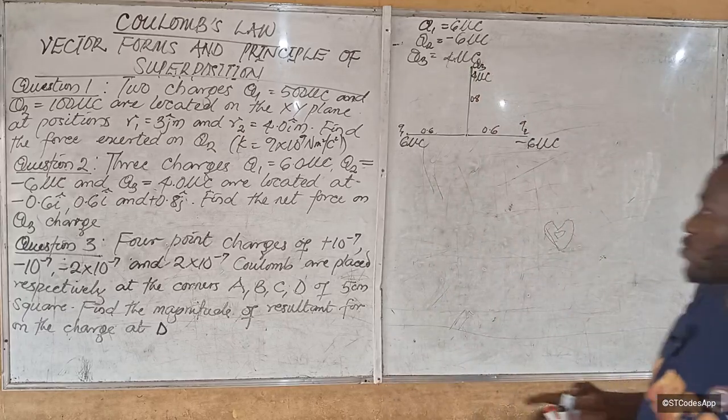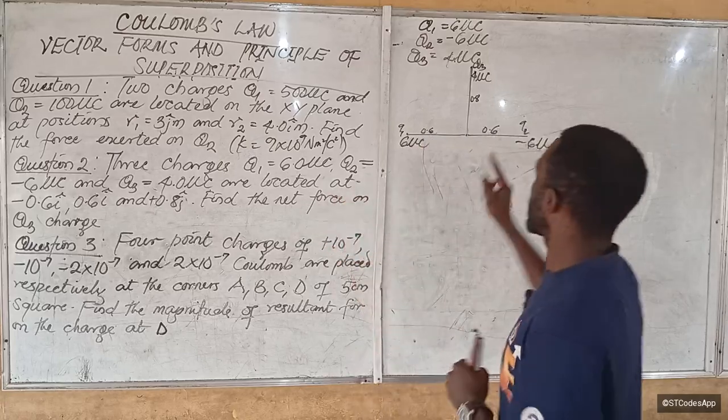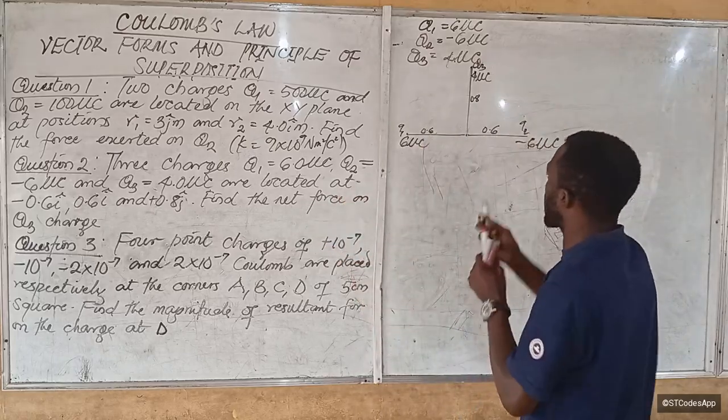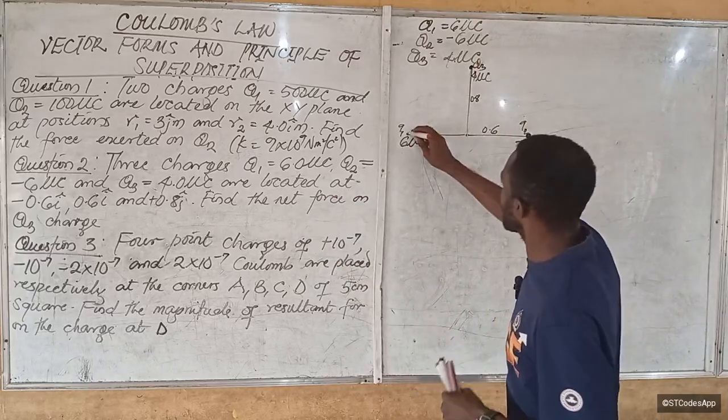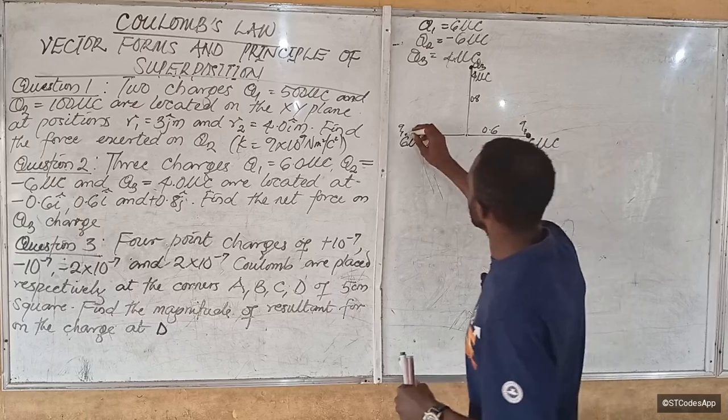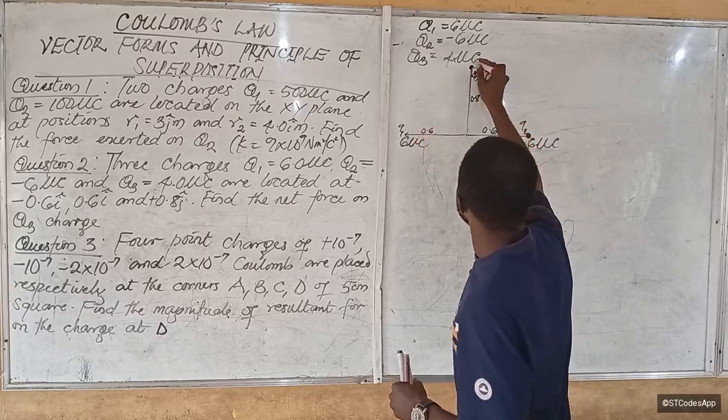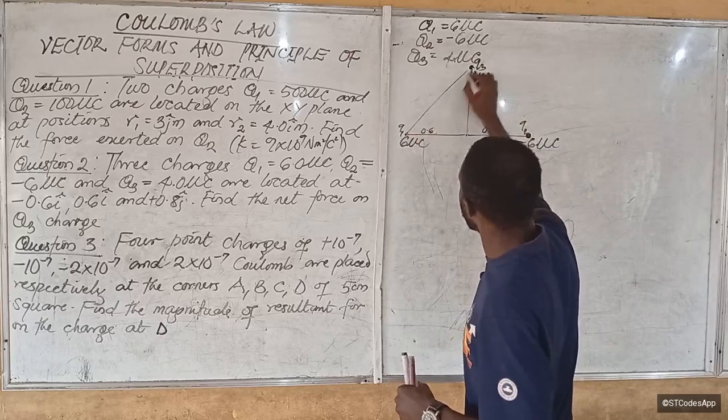Now, we are told to find the net force on Q3. So the net force that will be acting on charge Q3 due to charge Q2 and charge Q1. As it is, the force is going to act along this line.